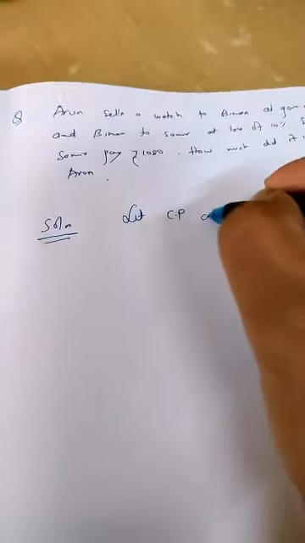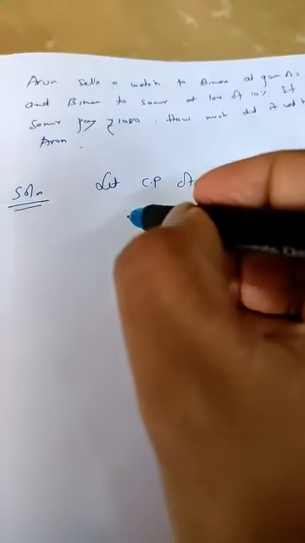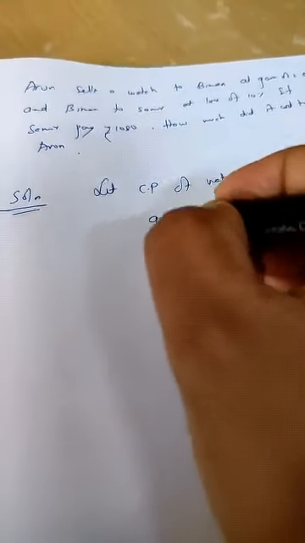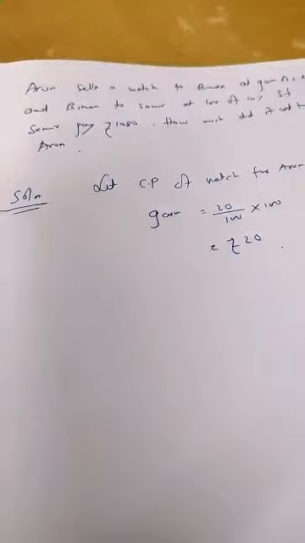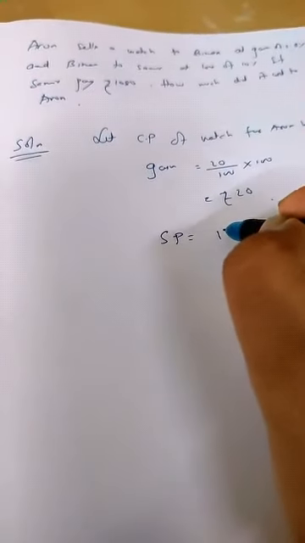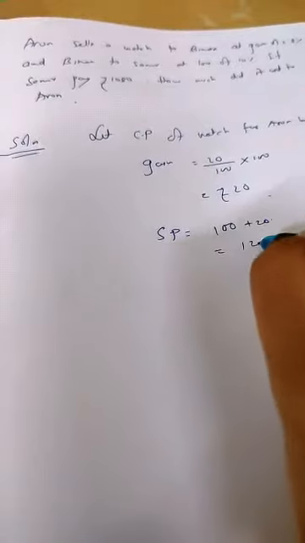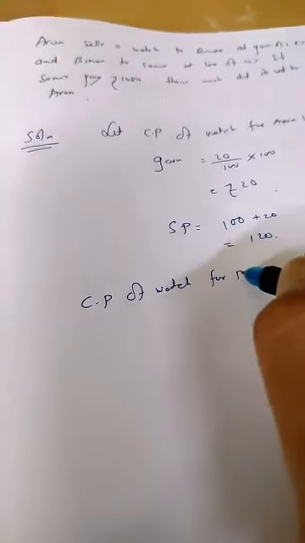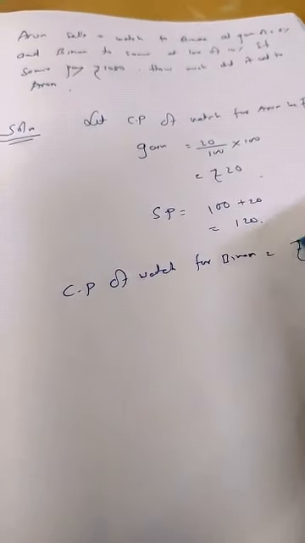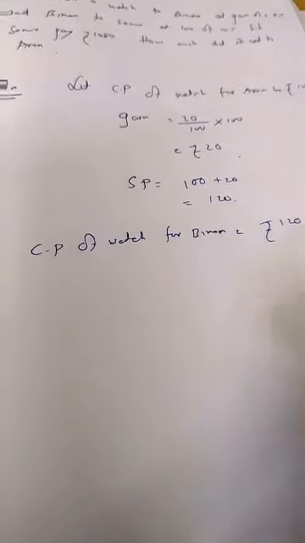So first what you have to do, let the cost price of the watch for Arun be rupees 100. Then gain is what? 20% of 100, that means rupees 20. So your selling price will be 100 plus 20 equal to 120. So cost price of the watch for Biman equals 120.